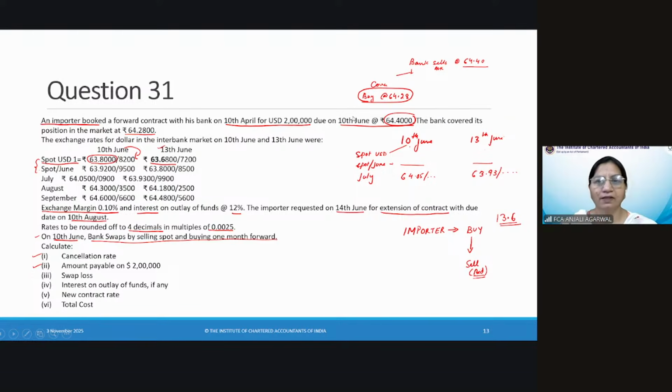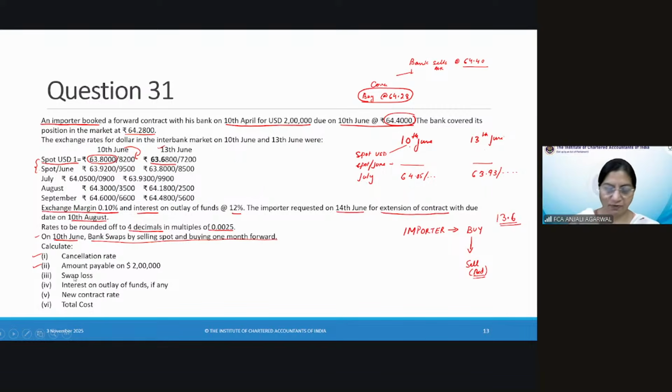So the customer has to buy at 64.4 and sell at 63.68. Oppositely, bank sells at 64.4 and buys at 63.6175. So the amount payable by the customer is 200,000 into the difference, which is 1,56,500.